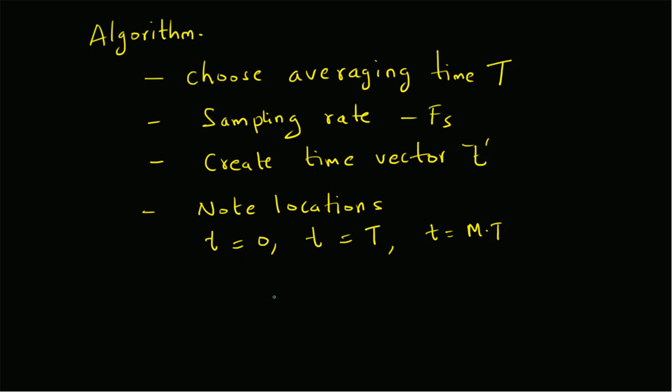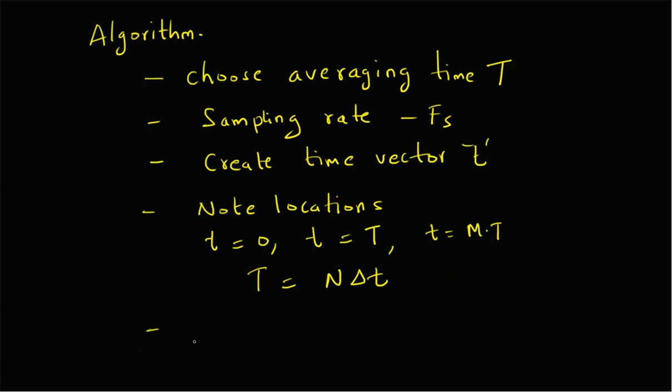The integration time T is related to the number n, its corresponding value in discrete time, and they are related by T equal to n into delta t, where delta t is the sampling interval, or basically 1 by fs. So n is the corresponding number for averaging in discrete time.